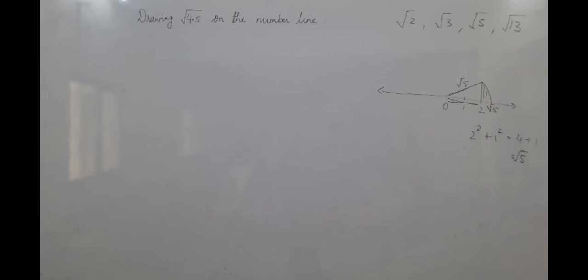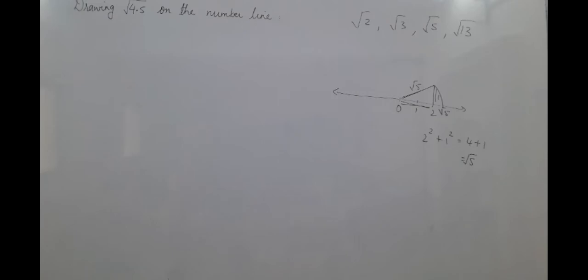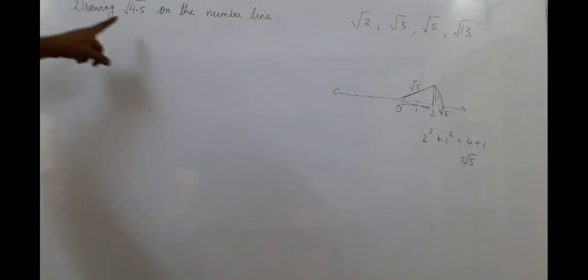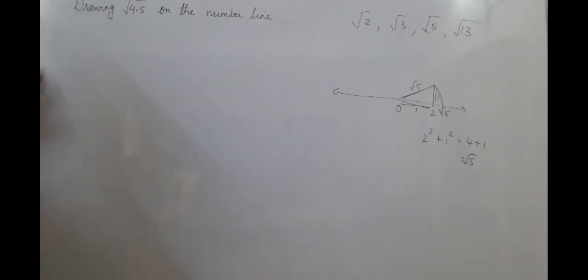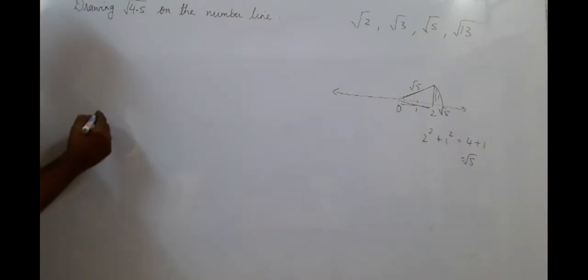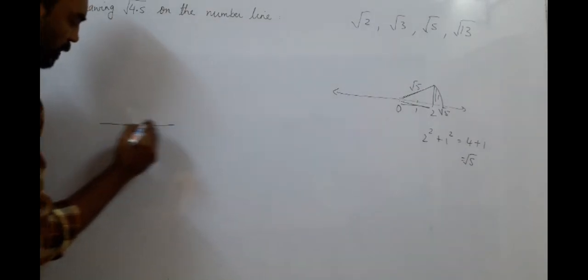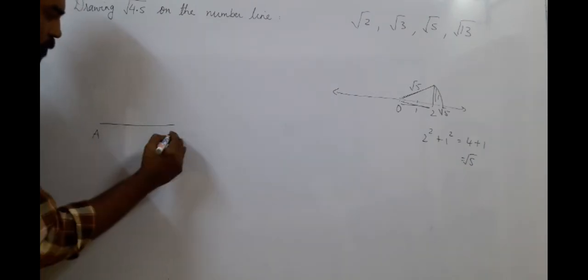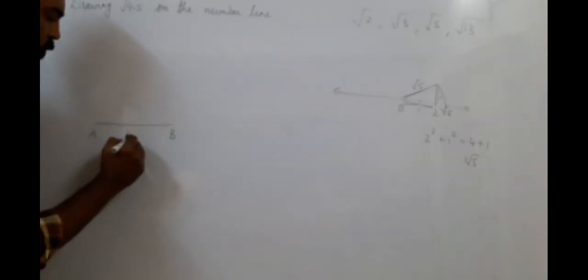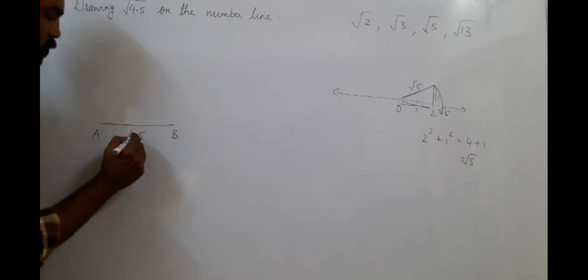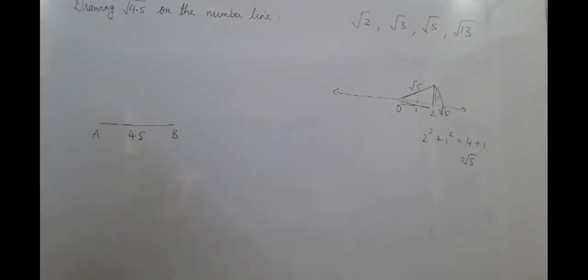But now we are going to do root 4.5 on the number line. This is 4.5. So what is the technique? First I do the technique separately. Draw a line AB which is of 4.5 units. So you can take 4.5 centimeters.